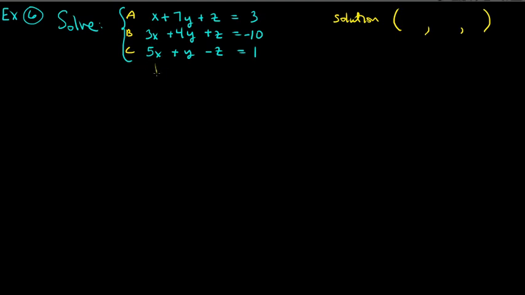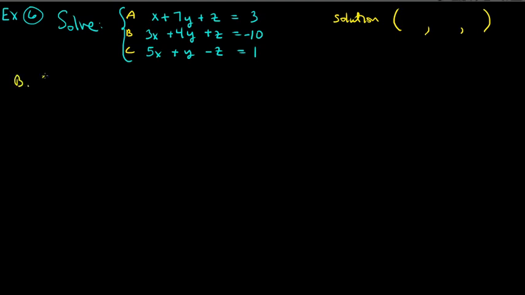You can eliminate x, you can eliminate y. But notice there's a lot of 1s here for the z. So I'm just going to eliminate z first. If you just do B and C together, just add them as they are, you cancel out the z's.